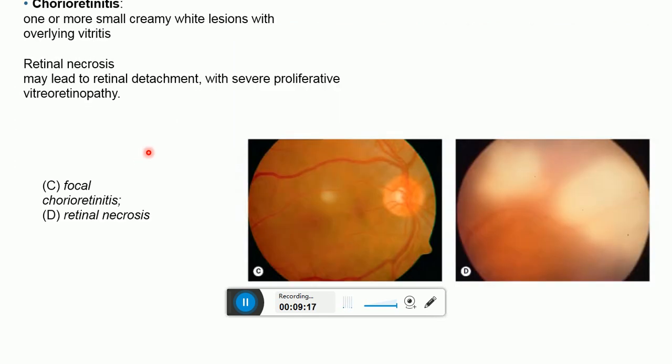Chorioretinitis: one or more small creamy white lesions with overlying vitritis. Retinal necrosis may lead to retinal detachment with severe proliferative vitreoretinopathy. This shows focal chorioretinitis and this is retinal necrosis.